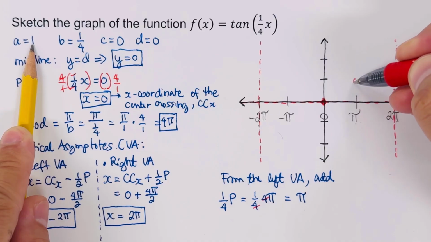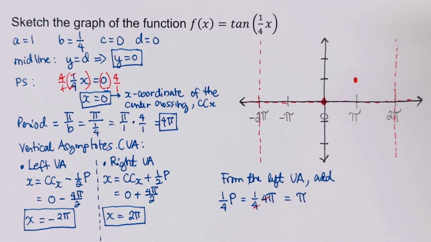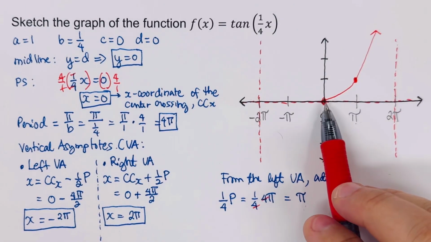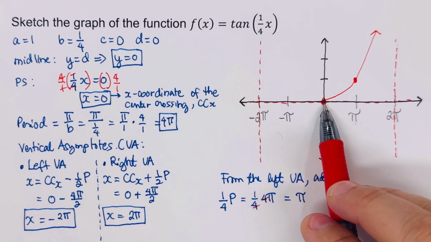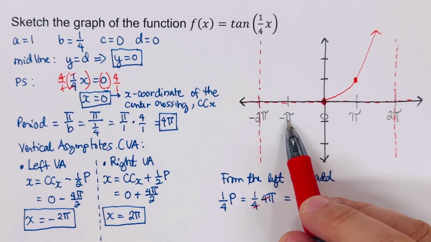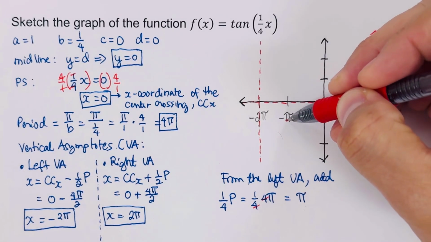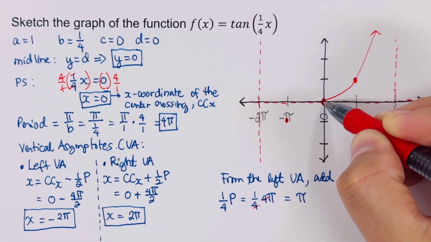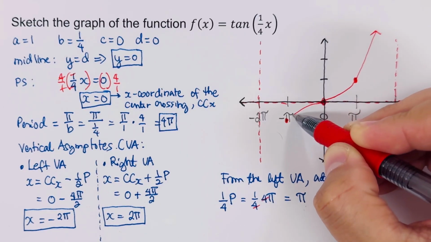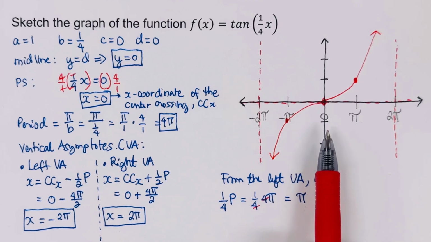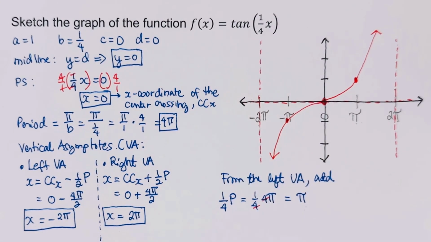This is where the next dot is going to sit, and we can draw the tangent graph. On the other side, we go quarter of the period to the left, and then we go down 1. This is where the next dot is. Again, the 1 here is based on the stretch factor. We're going to connect these dots together to form the other end of the tangent graph. So this is one period sketch of this function.